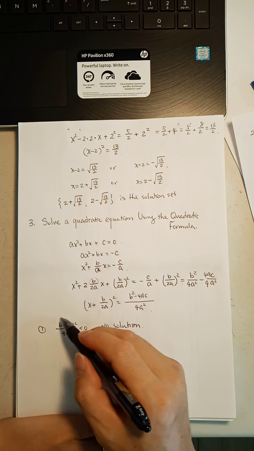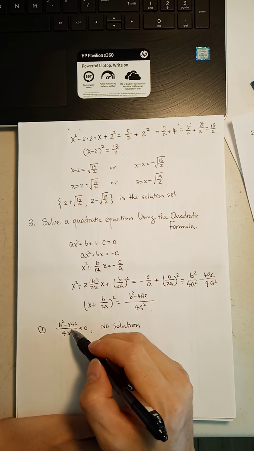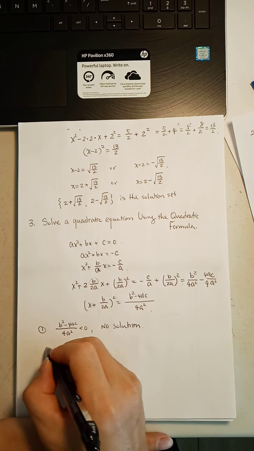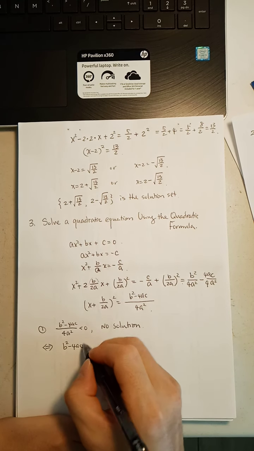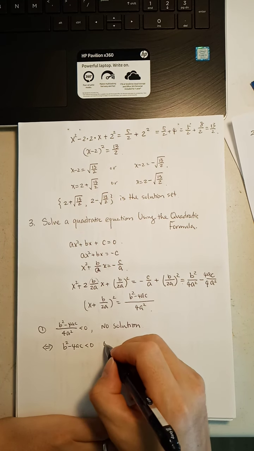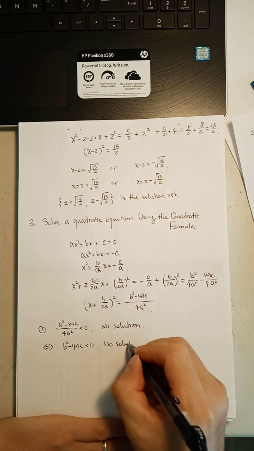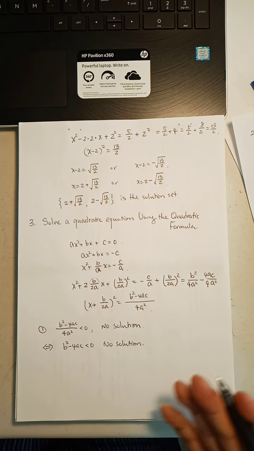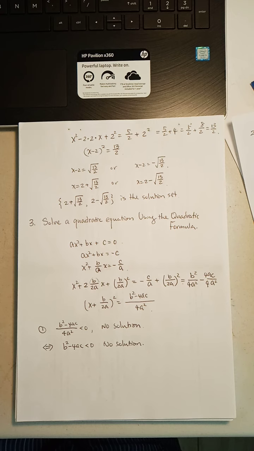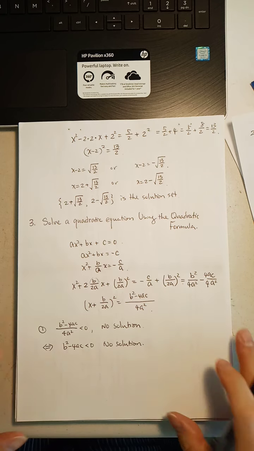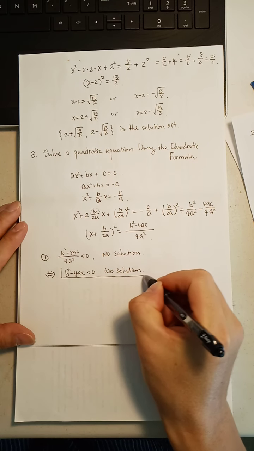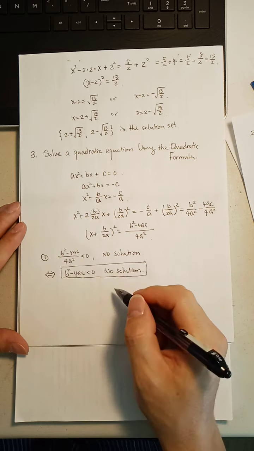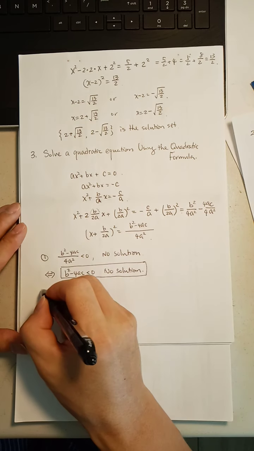In order to get a negative number, you have to get a negative numerator. So this is equivalent to the situation b² − 4ac less than 0. No solution. You divide a negative number by a positive number, you still get a negative number. You divide a positive number by a positive number, it's positive. Okay, so that's a discussion. When this b² − 4ac is less than 0, there's no solution.